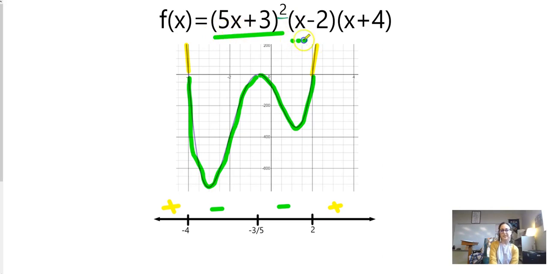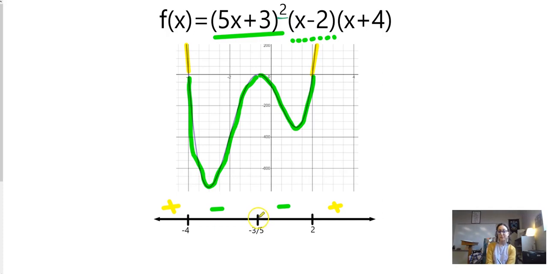But if I take a factor that has an odd degree, like if I plug in 0 for x, this term is negative, but if I plug in 3 for x, this term is positive. So those terms have the ability to switch signs, and if they can become negative, then they can switch the sign of the entire expression. That's why with even multiplicities, you're not going to get that sign switch.